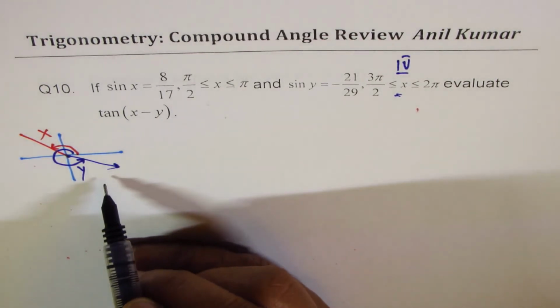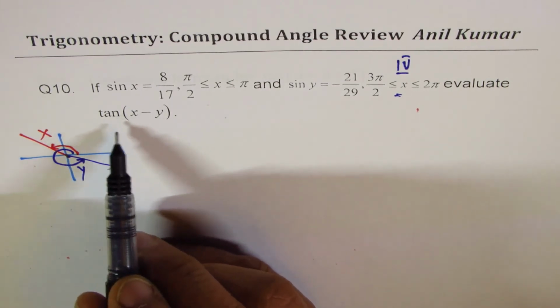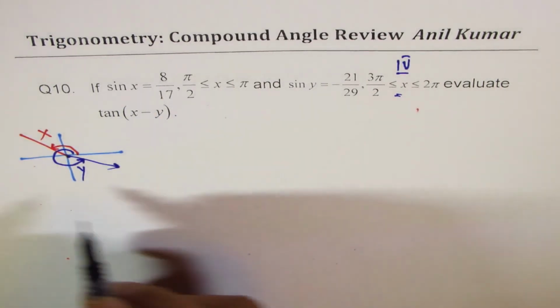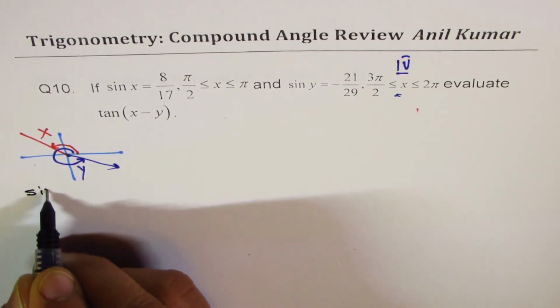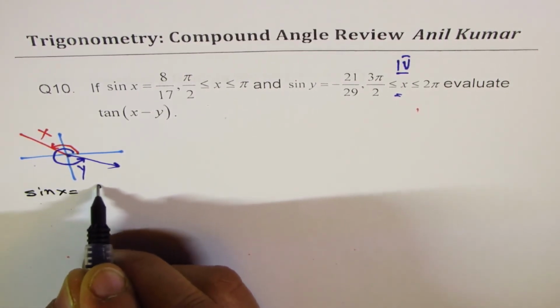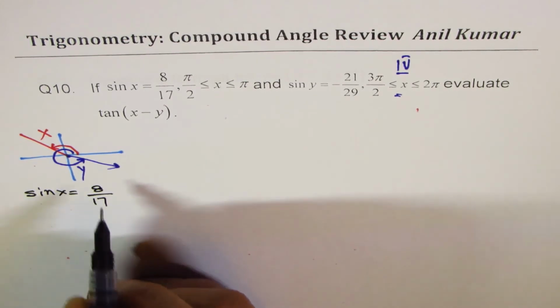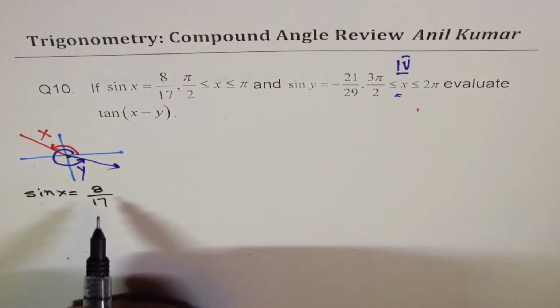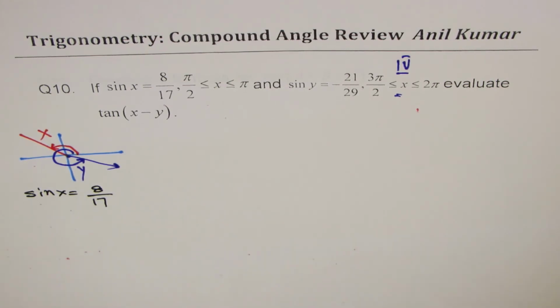It's important to understand this because now we can give all values to sine and cosine. So what we know from here is that sine x is equal to 8 over 17. It is positive here. If sine x is 8 over 17, what is cos x?